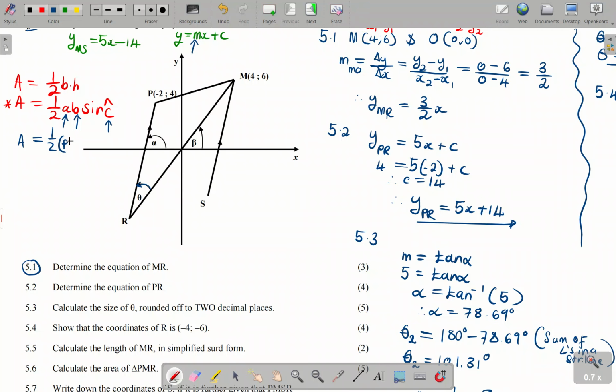So that's going to be PR multiplied by this side here, which is MR, multiplied by the sine of the angle at R. But for us to use PR, we need the length of PR, and for MR, we need the length of MR. So let's go there and calculate the length of PR and the length of MR.